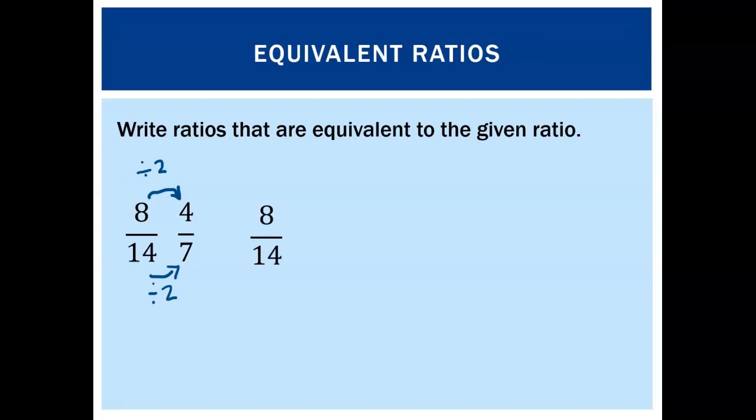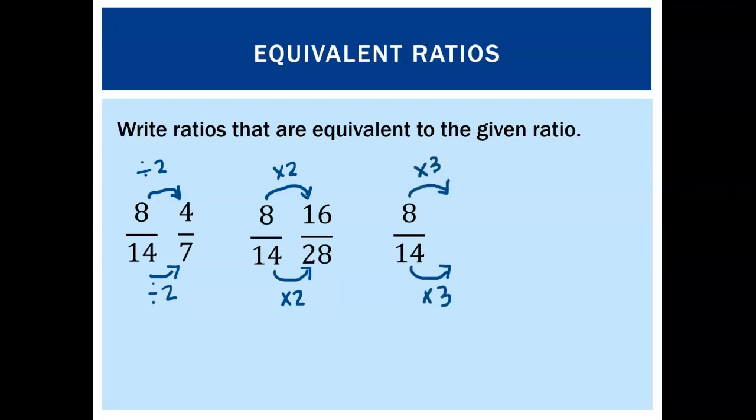We also can write equivalent ratios by multiplying. For example, we can multiply both 8 and 14 by 2, which will equal 16/28. Again, we have a pair of equivalent ratios. Another example would be to multiply by 3.